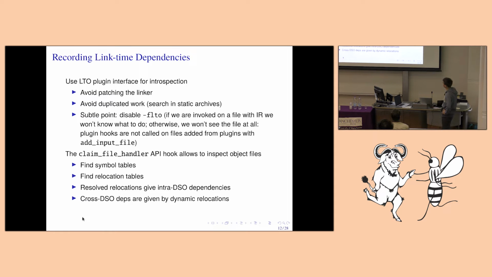So the plugin approach looked alluring. It's also good because it avoids duplicated work. We don't have to do the archive machinery and packing by ourselves. The linker already knows how to do that.